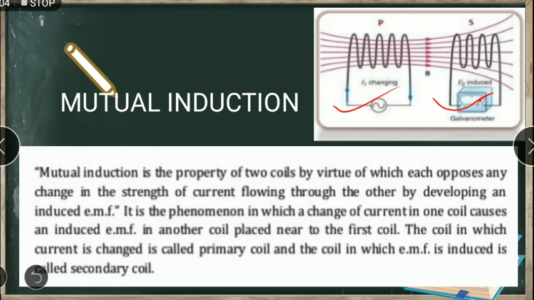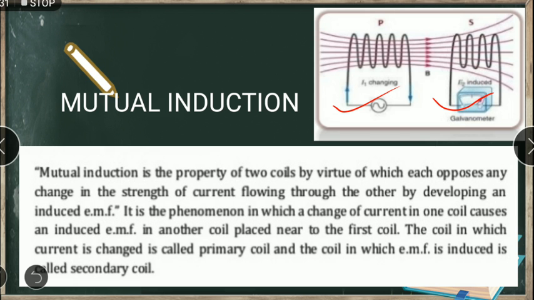So mutual induction is the property of two coils by virtue of which each opposes any change in the strength of the current flowing through the other by developing an induced EMF. Or it is the phenomenon in which a change in current in one coil causes an induced EMF in another coil placed near the first coil.